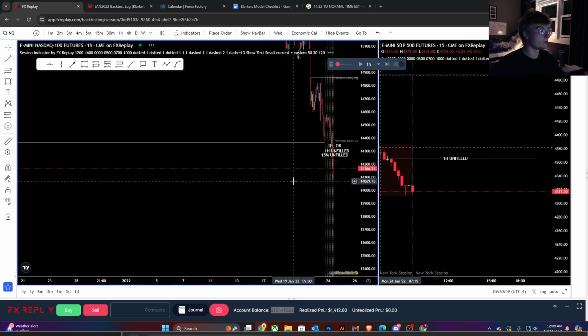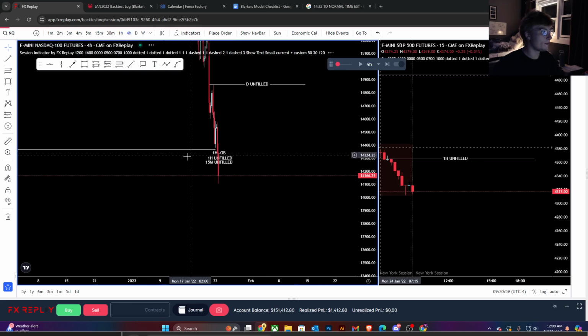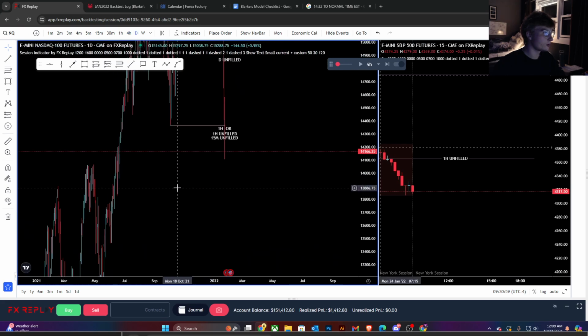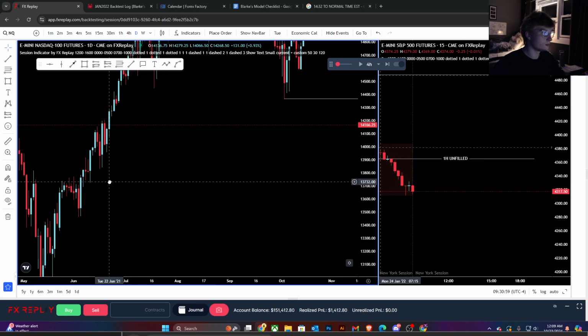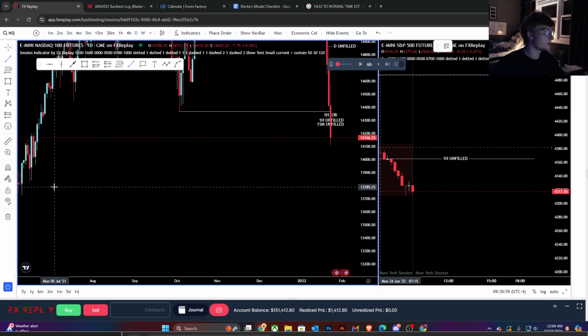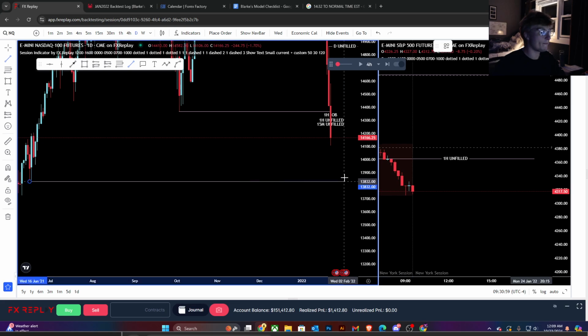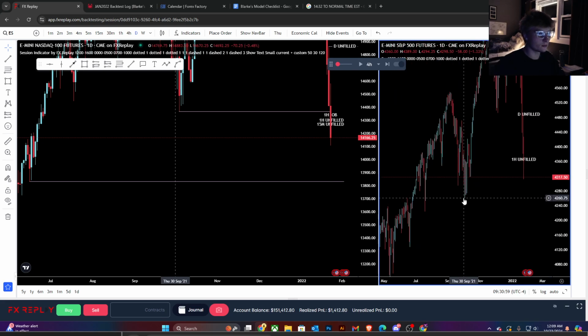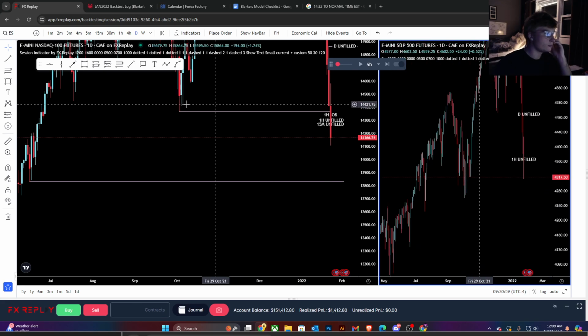See a higher time frame, where we at? 4 hour. Looks like we want to run out this daily swing low here. CES. Bullish SMT.